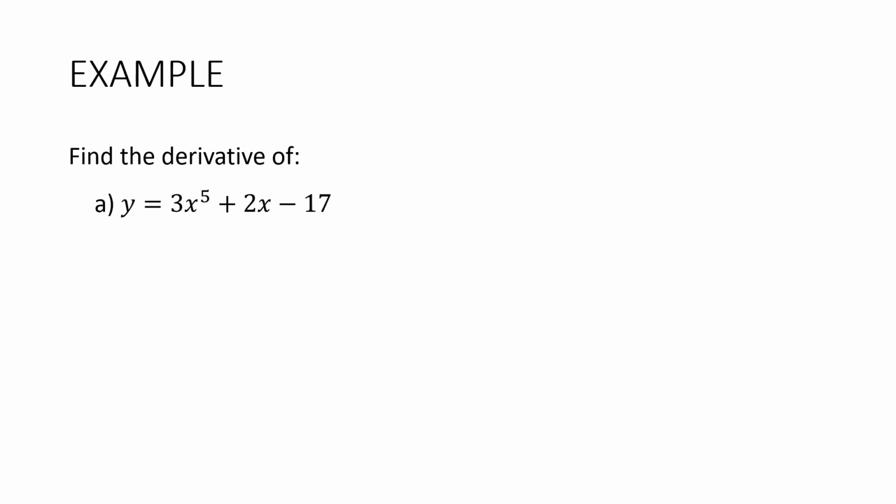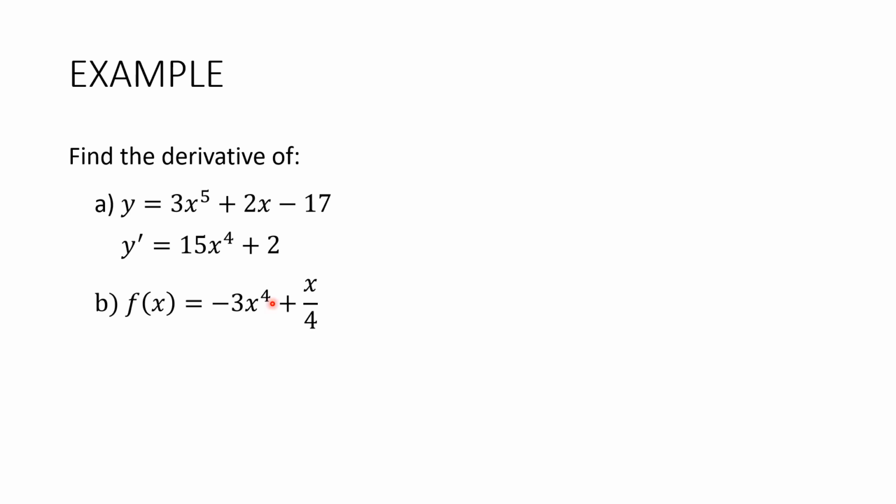So let's look at some examples. Find the derivative of y is equal to 3x to the power of 5 plus 2x minus 17. Our derivative will be, bring the 5 down and multiply by the 3, 15x to the power of 4 plus 2. How about this one? F of x is equal to -3 x to the power of 4 plus x over 4.